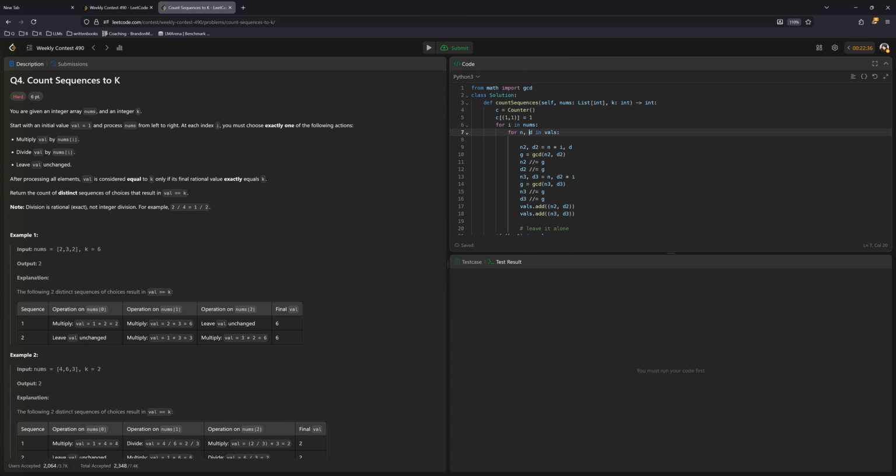Okay, for n comma d in vals. It's almost like we need to save these and then update them at the end. Yeah, actually, I think that we are. Yeah, this is not going to work, because we're going to be introducing values while we're still using them.